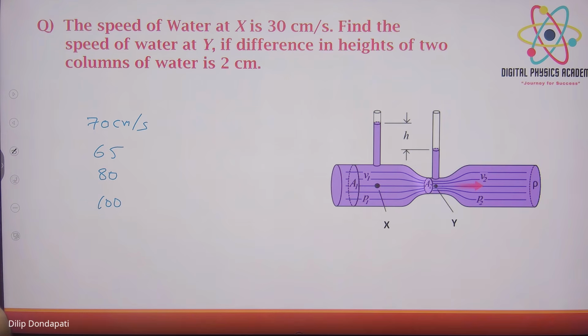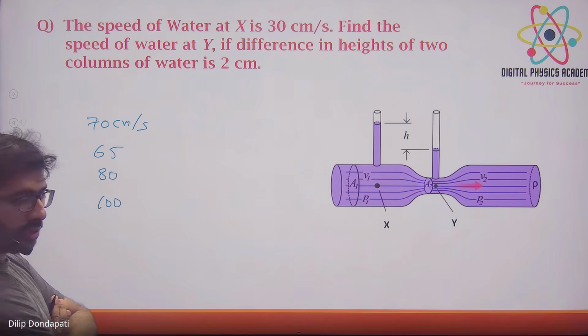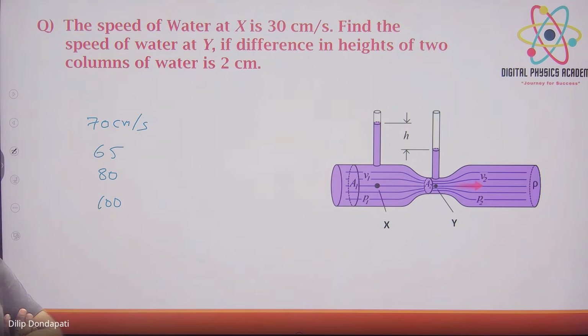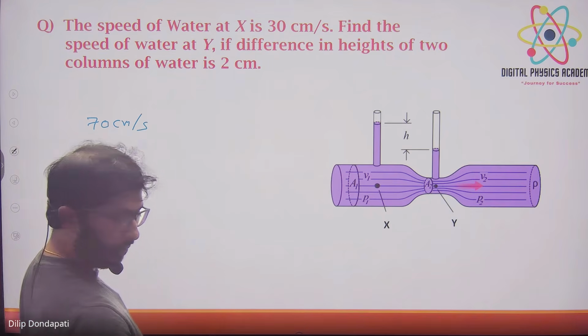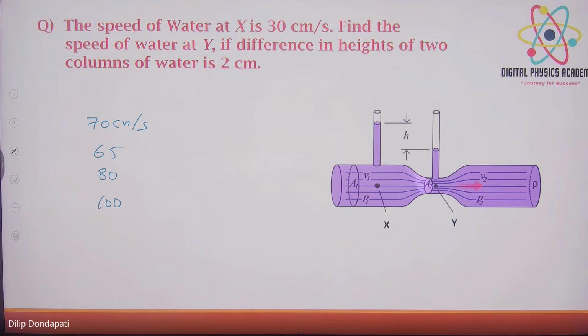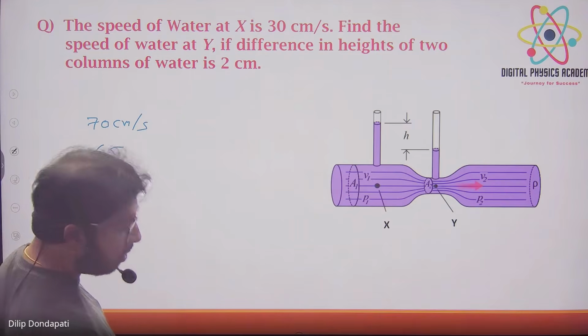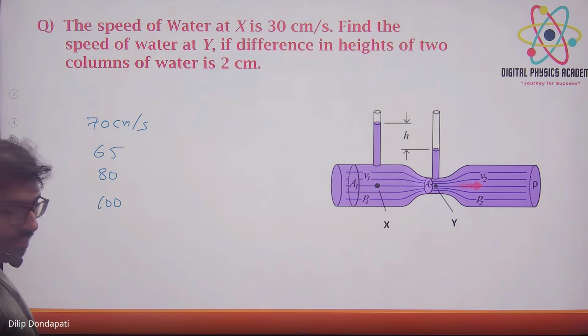G is in meters per second, right? So try to convert to meters per second. Finally my answer should be in centimeters per second. Yes, sir. Sir, I got 70. You will see. So 10 meter per second will be 1000 centimeter per second then, right? How much? Sir, 70. Yes, so it will be 70.